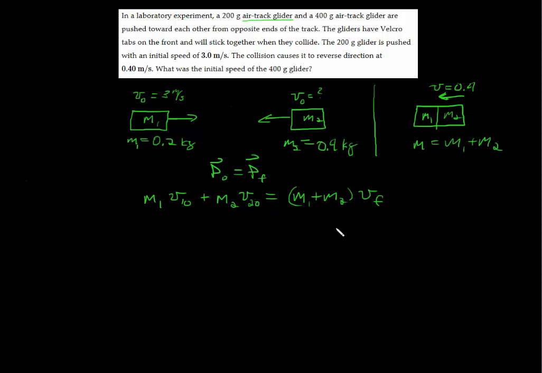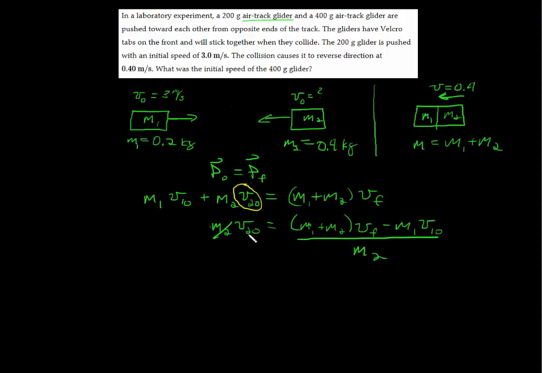And that's the final velocity of the combined. And we're targeting this variable here. So let's see if we can solve for this before we put in some numbers. So we'll subtract this over to the other side, and then m2 v2 naught equals (m1 plus m2) vf minus m1 v1 naught, and then we'll divide the whole thing by this m2.